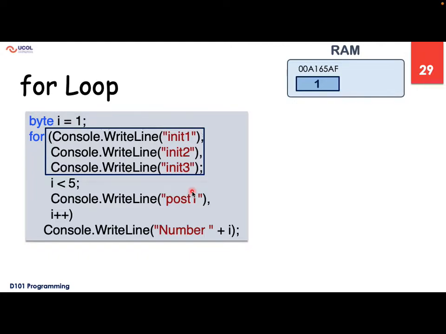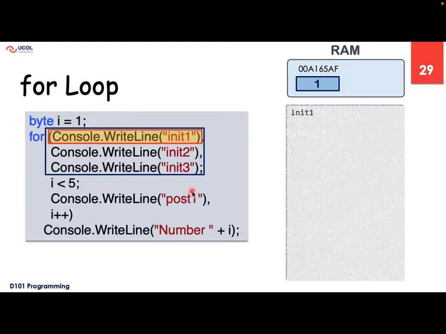It will execute all those actions only one time, printing init 1, init 2 and init 3 on the screen. At the end of the list of initial actions we have a semicolon. Once we have reached there, it means the initial actions have finished.